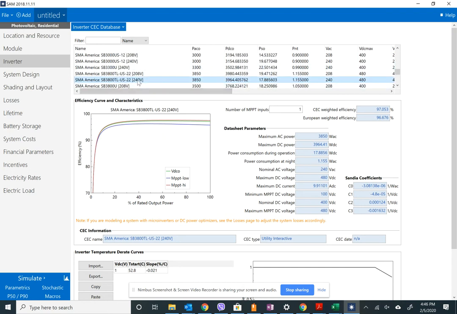So it should be this one. And you want to check these, especially the minimum MPP DC voltage and the maximum MPP DC voltage.